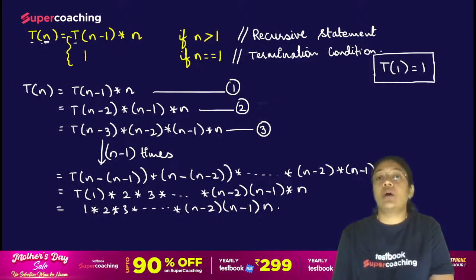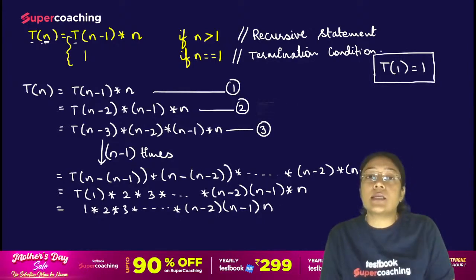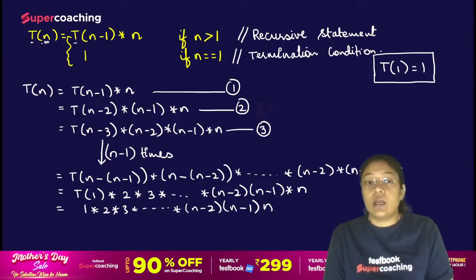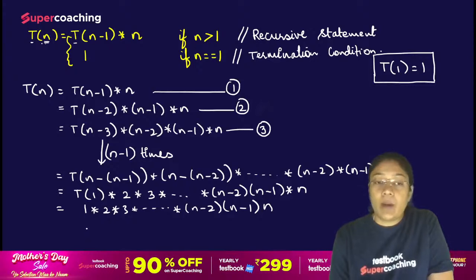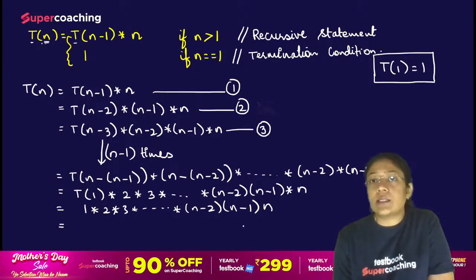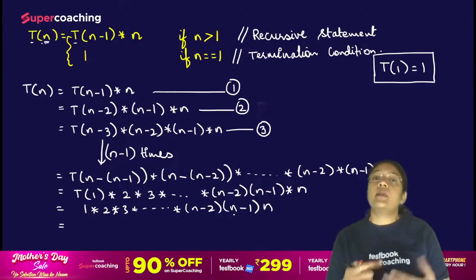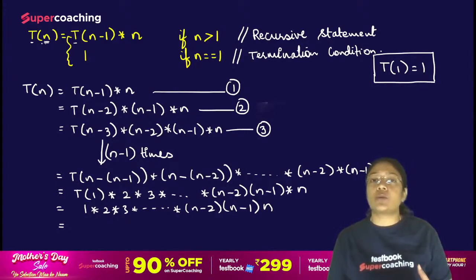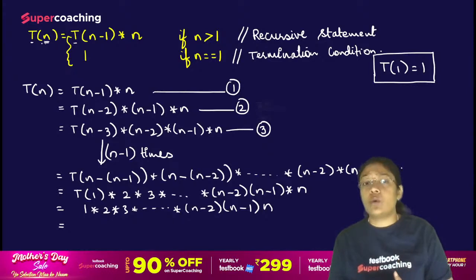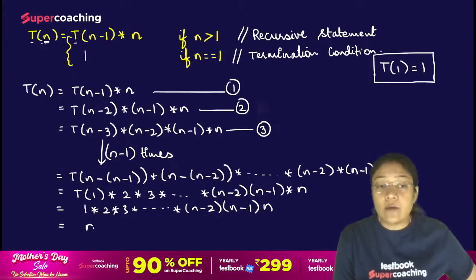And also the students who are understanding this concept for the first time, it will help them to understand each and every step. When you have practiced, you can skip all these steps. So this is nothing but n factorial. We know that n factorial is equal to n into n minus 1 into n minus 2 and so on up to 1. So this is n factorial.